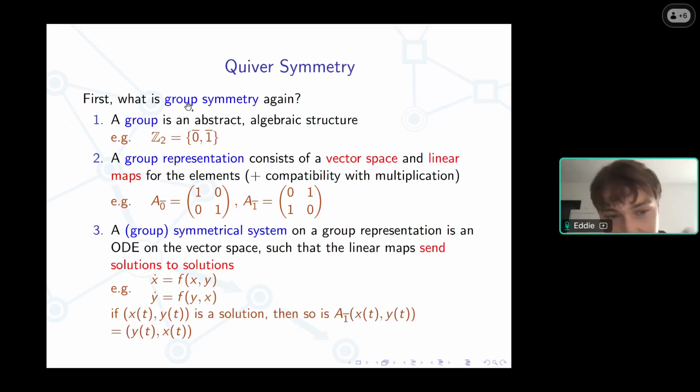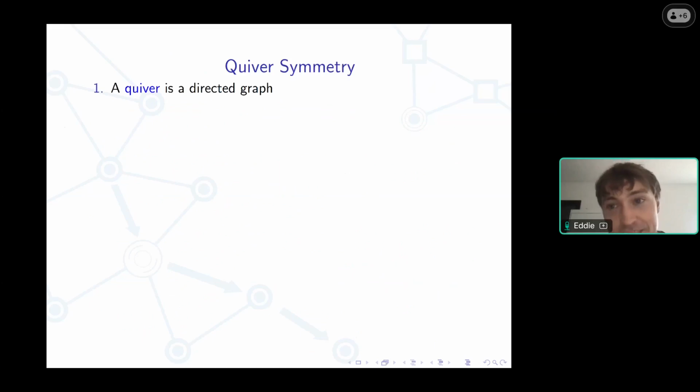I will completely mimic this in a definition of quiver symmetry, with these three items. First, the abstract algebraic thing: a quiver. A quiver is just a directed graph. There's a bit of a history here as to why a quiver is not just called a directed graph, but it is just a directed graph, and you are allowed to do essentially anything.